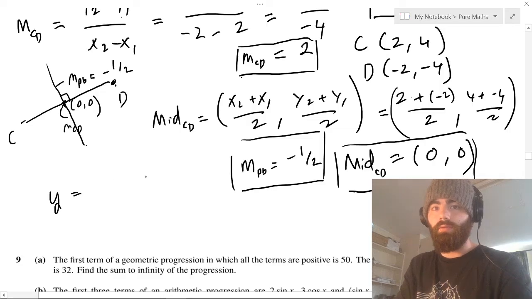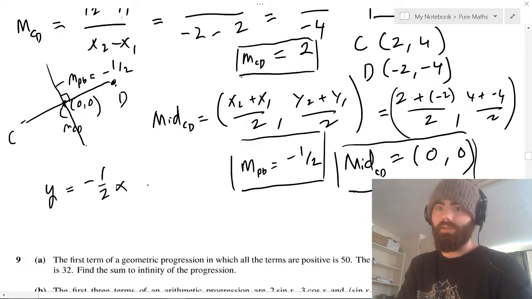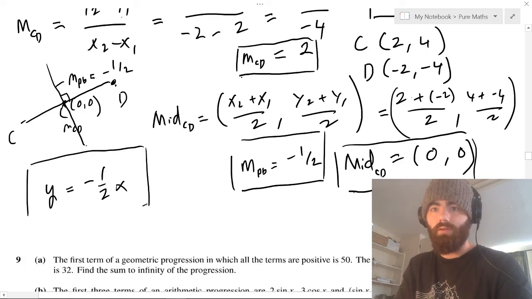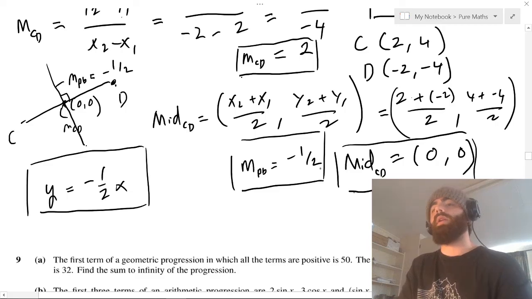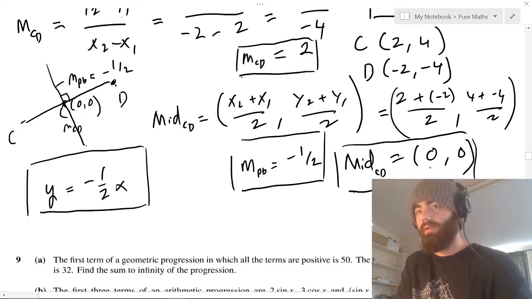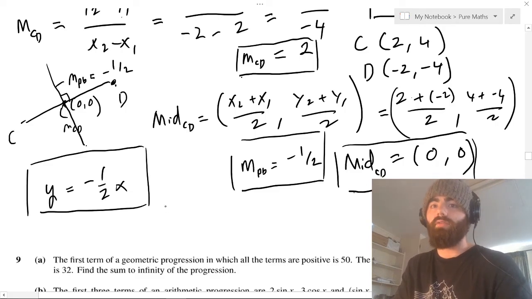You can clearly just see it's going to be y equals minus 1/2 x plus 0, but there's nothing. So that's the equation of your line. If you have a line of gradient negative 1/2 and it passes through the point 0, 0, the equation of that line is just negative 1/2 x. So that's the equation of your perpendicular bisector, and that's the answer.